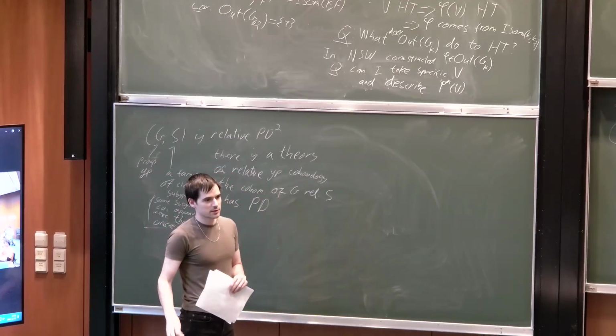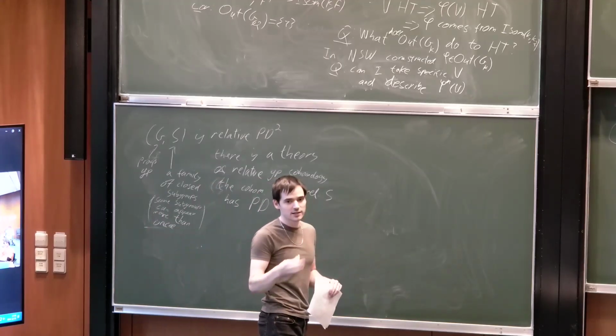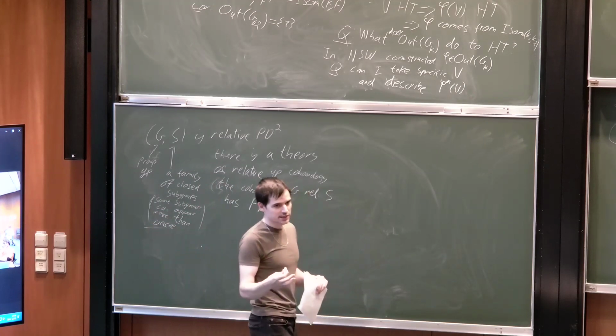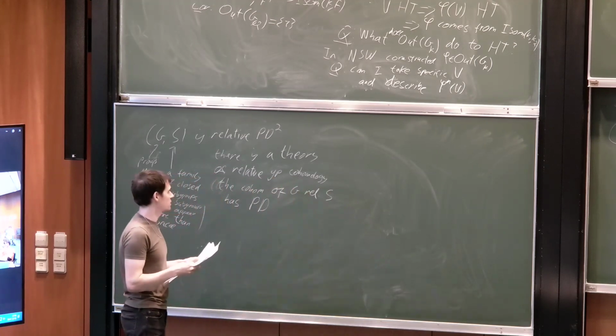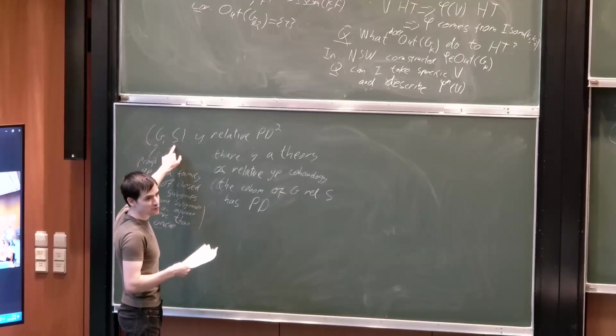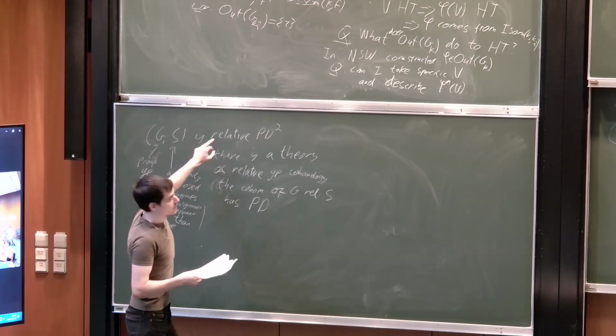And not only that, but Wilkes fully classified relative Poincaré duality groups of dimension 2. For discrete groups, any relative Poincaré duality group is pi_1 of a surface, with the family of subgroups being pi_1 of the connected components of the boundary.